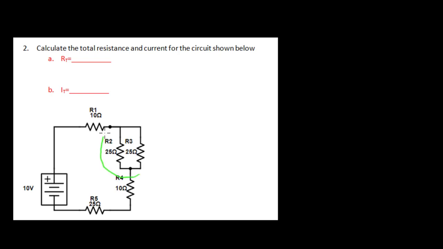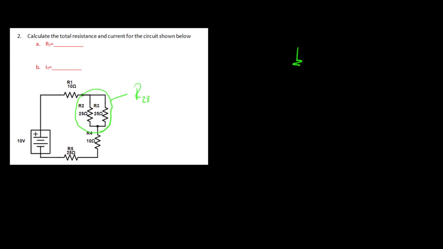So I've got a parallel element right here amidst a series circuit. So I want to find a resistance equivalent to this, and I'm going to call this resistor R2, R3. So when I look at this and I draw it out, I can replace this with a single resistor, can't I?